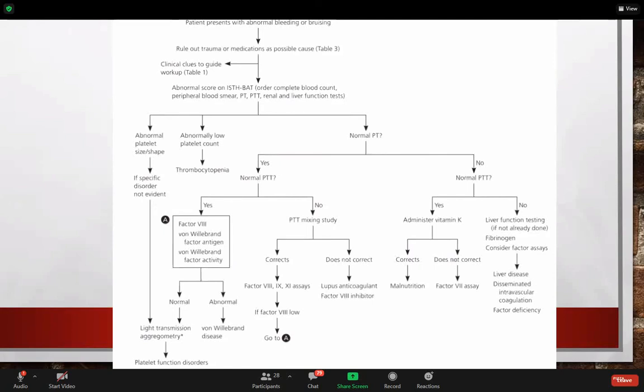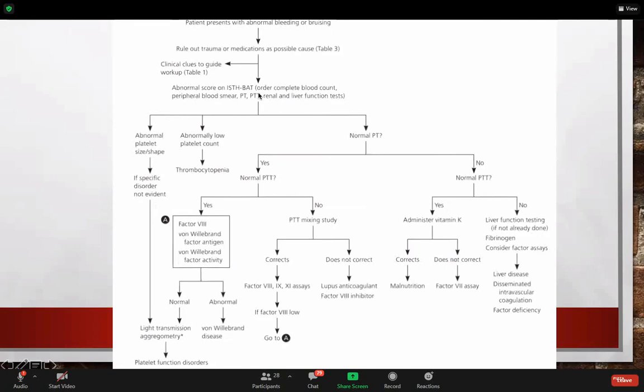At first, in the clinic, really try to see whether they have trauma or medication that can explain this bleeding disorder, because we said a lot of medications can cause bleeding, commonly like aspirin or heparin, or if they have a history of significant trauma that can explain this bleeding. Okay, so that's one. If we didn't find anything, we ask ourselves, is this significant bleeding? Not someone with just simple bruising. And to be objective, we use the score, the score we put on the first slide.